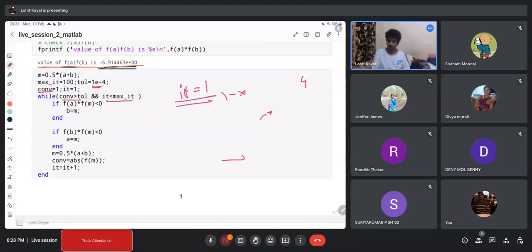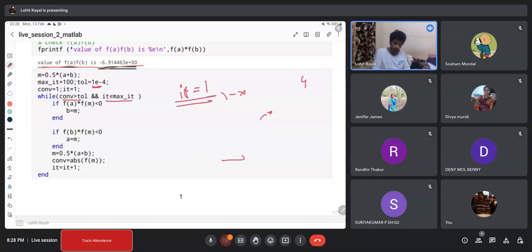I am starting from 1. And it is obviously less than the maximum iteration. And when conv is greater than tol, you will understand what conv is in a moment.